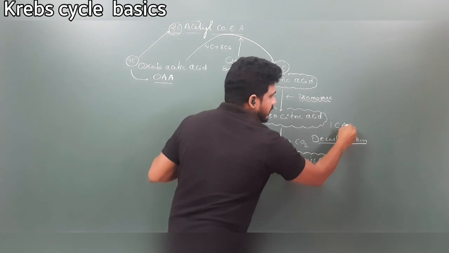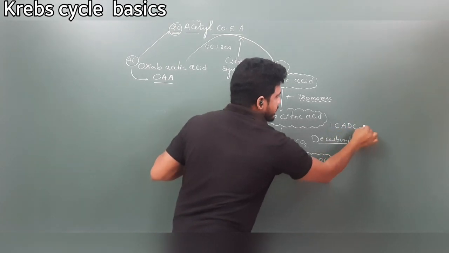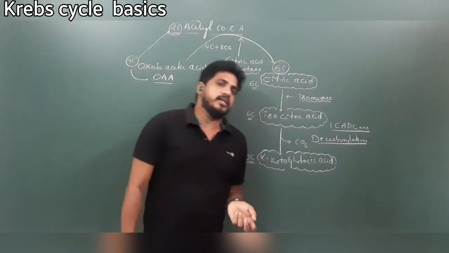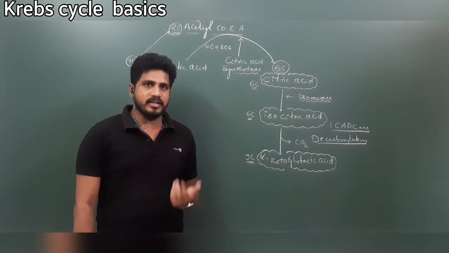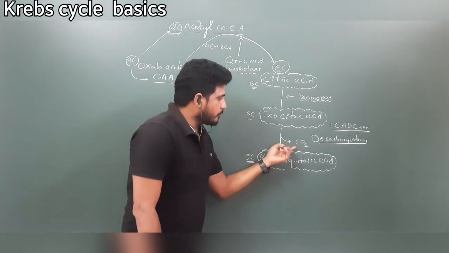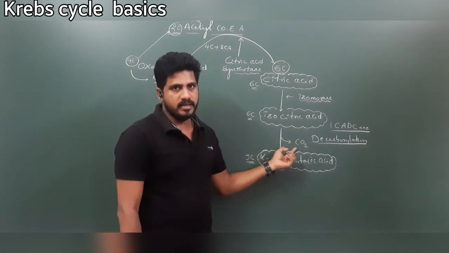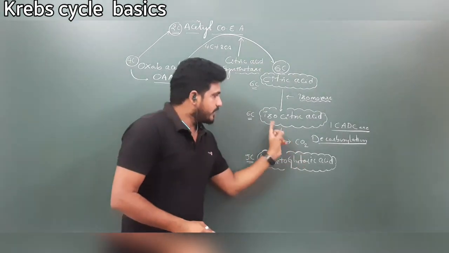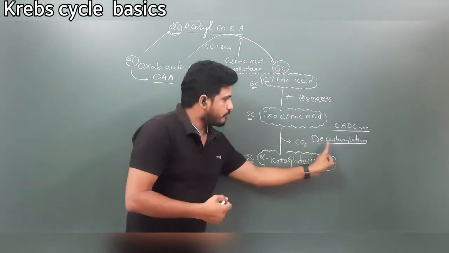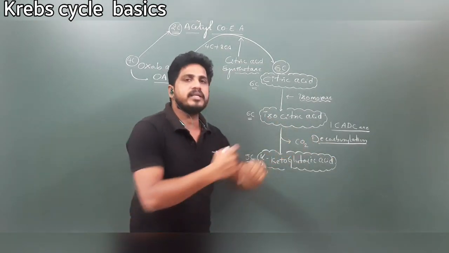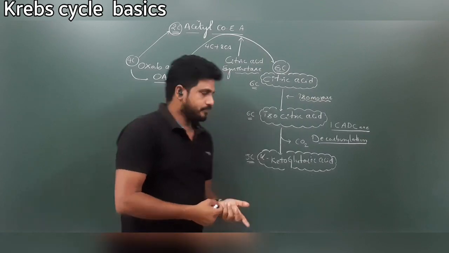In the last sessions I told you how to remember enzyme names, meaning what exactly the enzyme is doing. It is removing carbon in the form of carbon dioxide. Enzyme names end with ase, and D means removal, removal of one carbon from this source. That's why the enzyme name is isocitric acid decarboxylase.